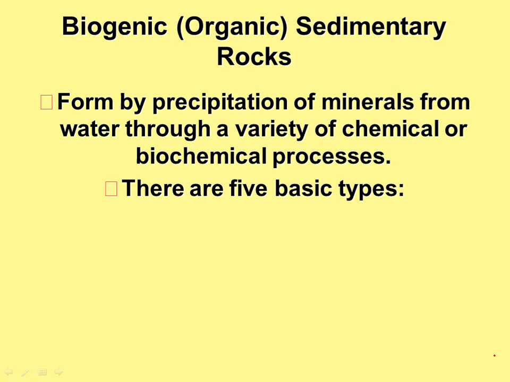And there are 5 basic groups of these biochemical sedimentary rocks. The one, obviously, that we'll spend the rest of this afternoon looking at are the carbonates, but we also have a group of rocks known as evaporites.